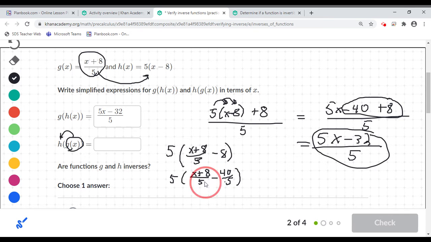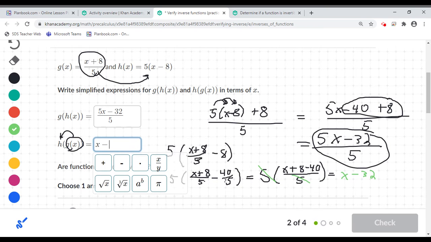I want these two to be the same, the two 5s. Then I can say, 5 times x plus 8 minus 40. I can combine them into one fraction and put it all over 5. Now we can say times 5 divided by 5. That cancels, and we can simplify the top into x minus 32.